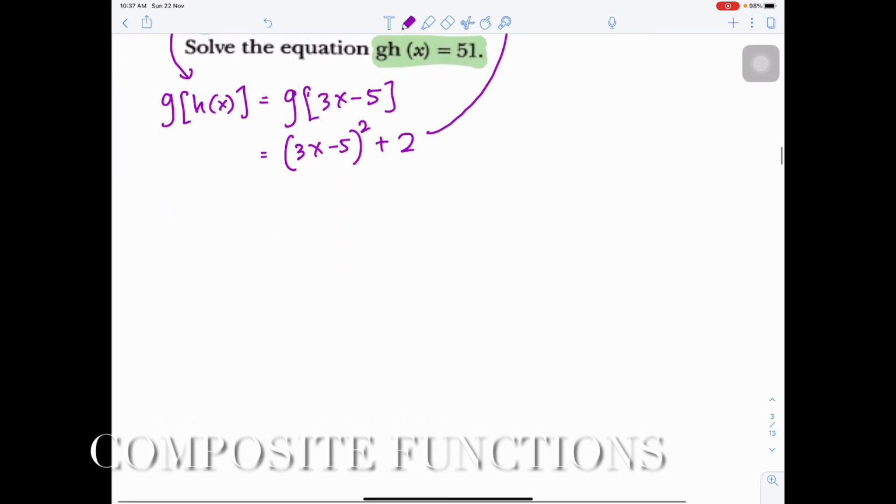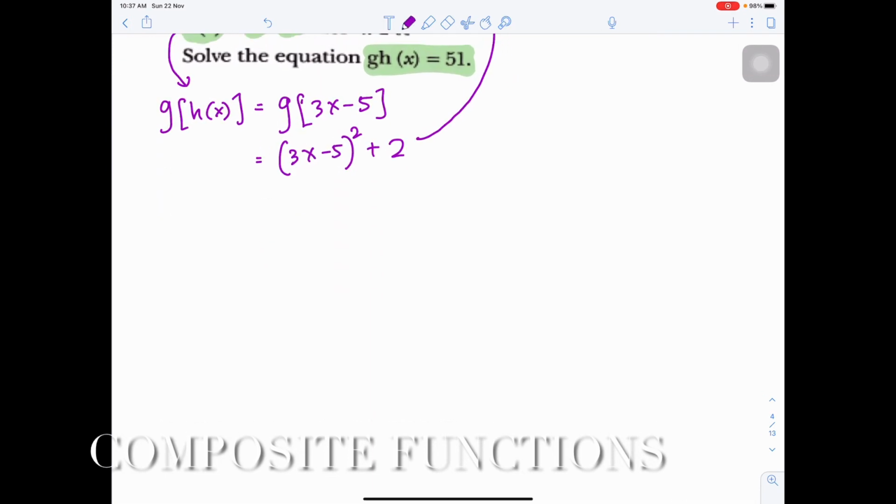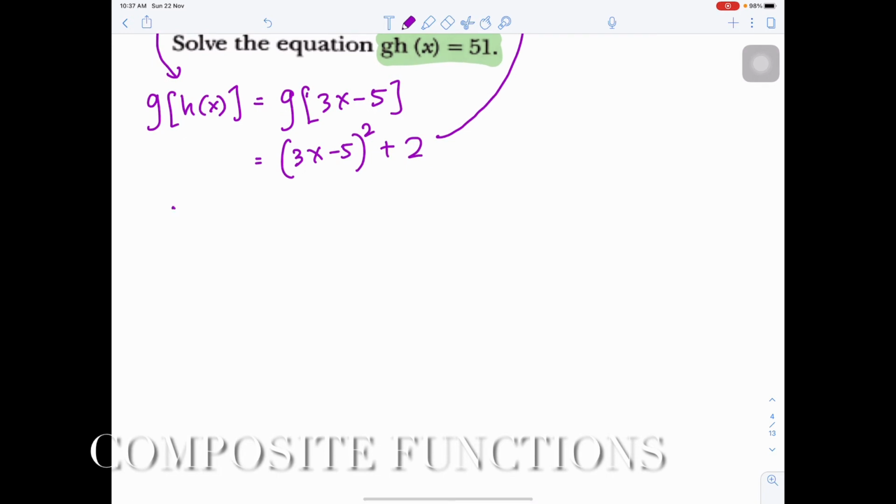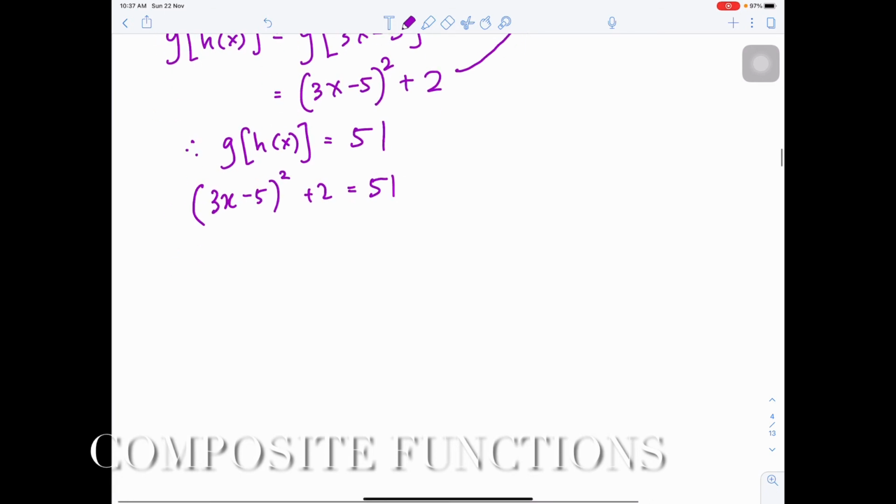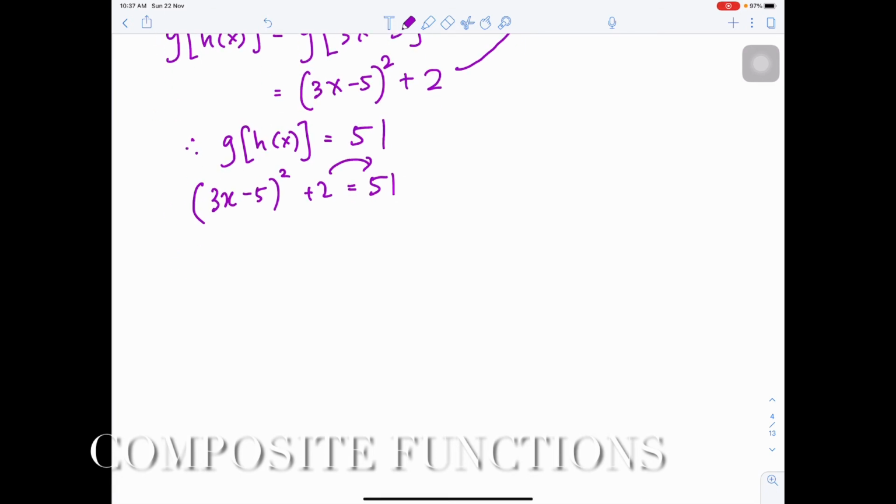Then continue. Because g(h(x)) equals 51, we have (3x minus 5) squared plus 2 equals 51. Then simplify. We get (3x minus 5) squared equals 51 minus 2.